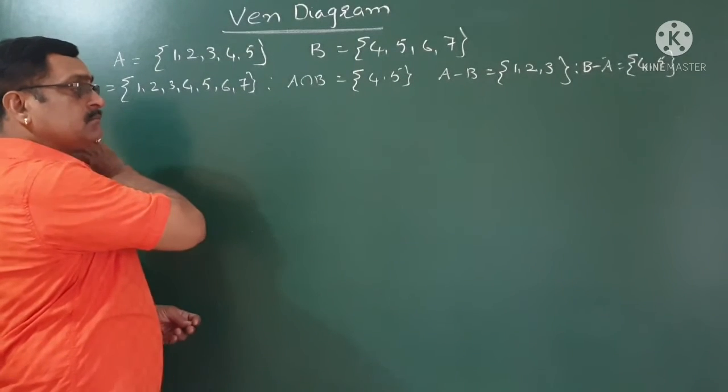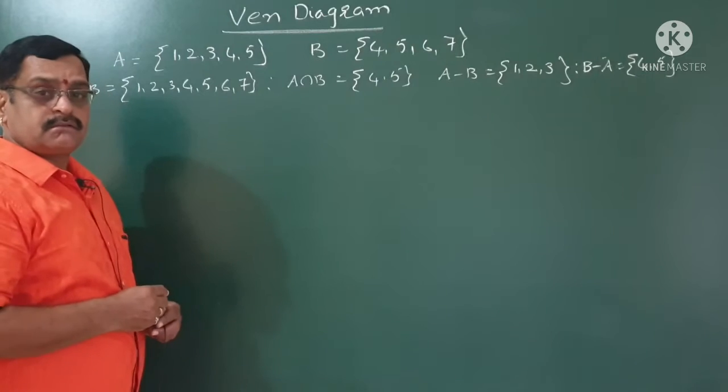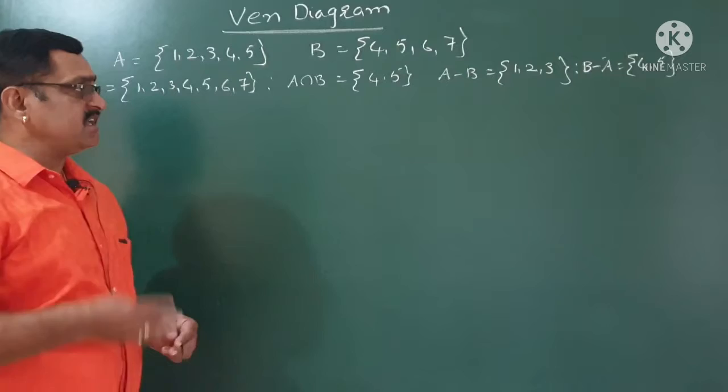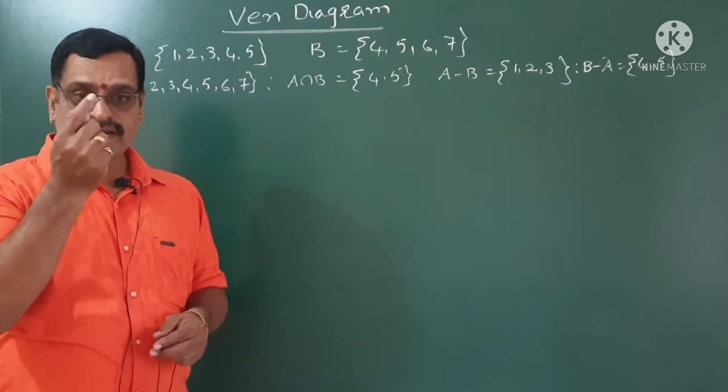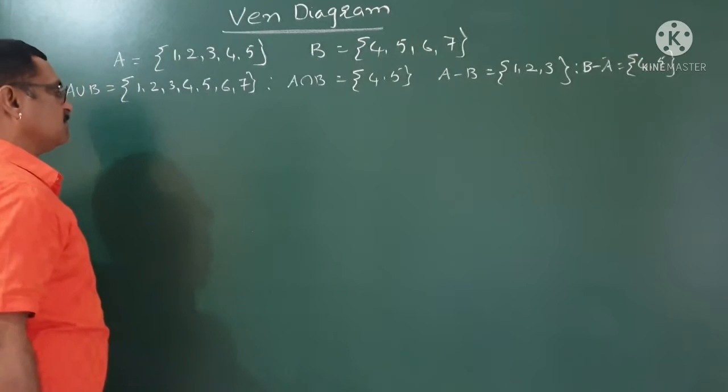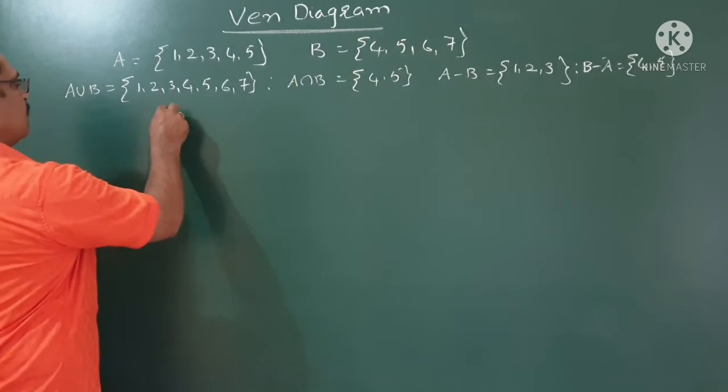You can represent all these, A union B, A intersection B, A minus B and B minus A, in one Venn diagram representation. As usual, I draw.